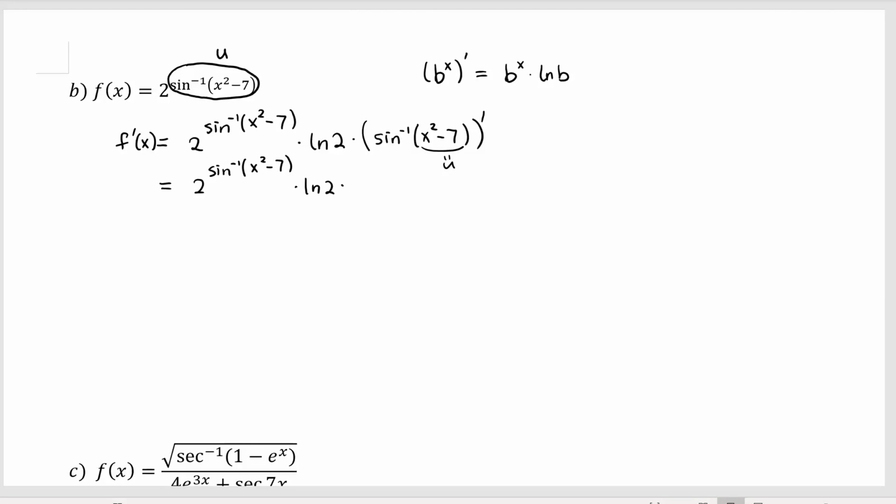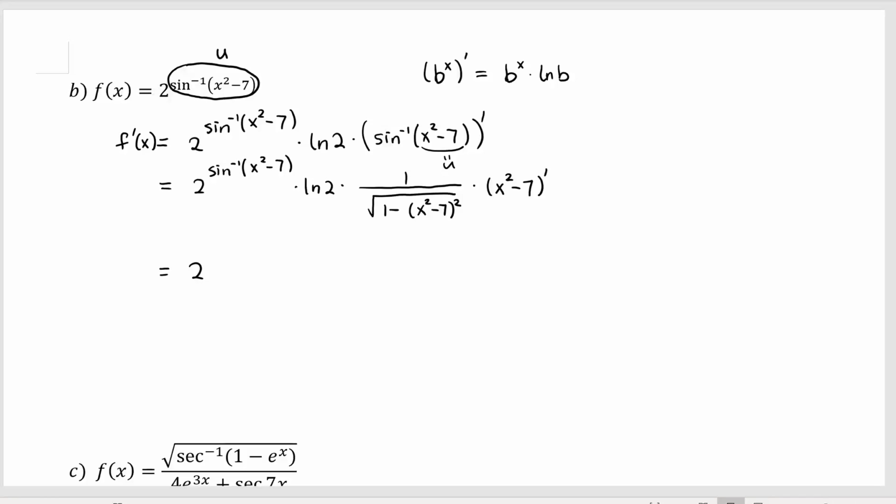Derivative of arcsine is, do you still remember? 1 over square root of 1 minus u squared. So the u is this guy, squared, times u prime. Okay, everybody? Yes, 1 over square root of 1 minus u squared times u prime.